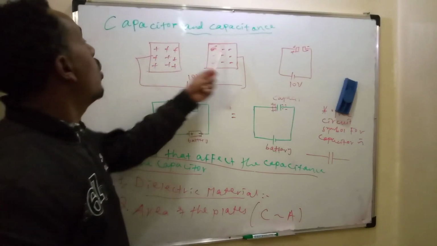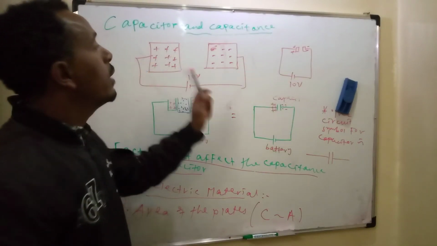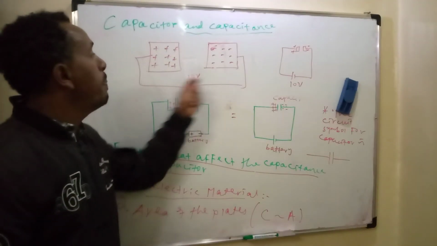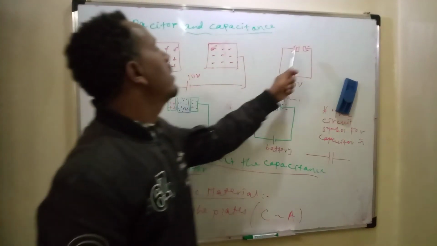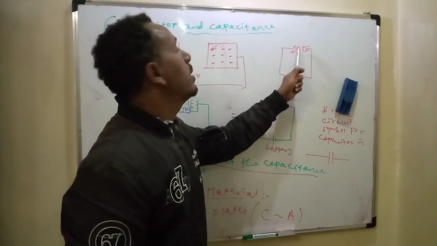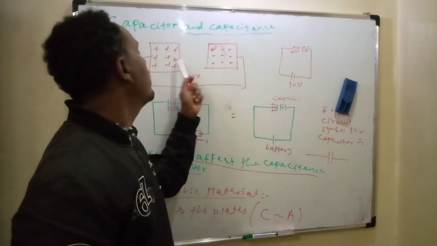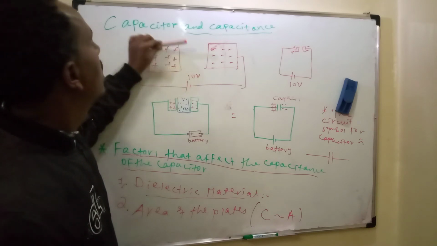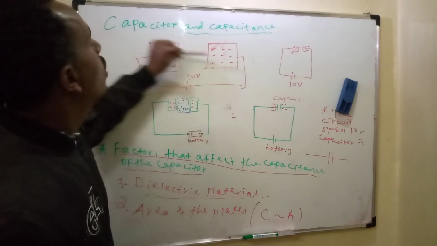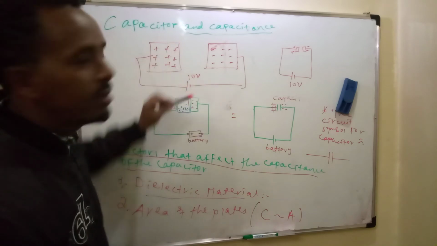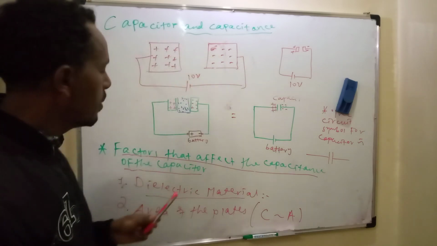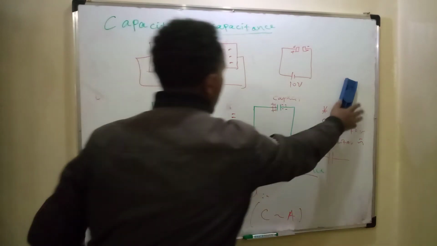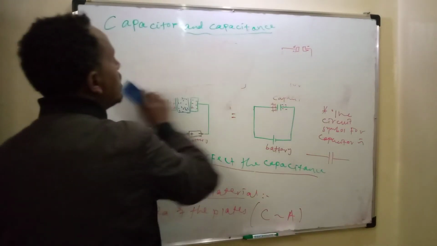The charge stored on this plate is different from the charge stored on this plate, because the area of this plate is very small when compared with this. Because of this, a large magnitude of charge is stored on the first circuit. Therefore, capacitance is directly proportional to the area of the plate.